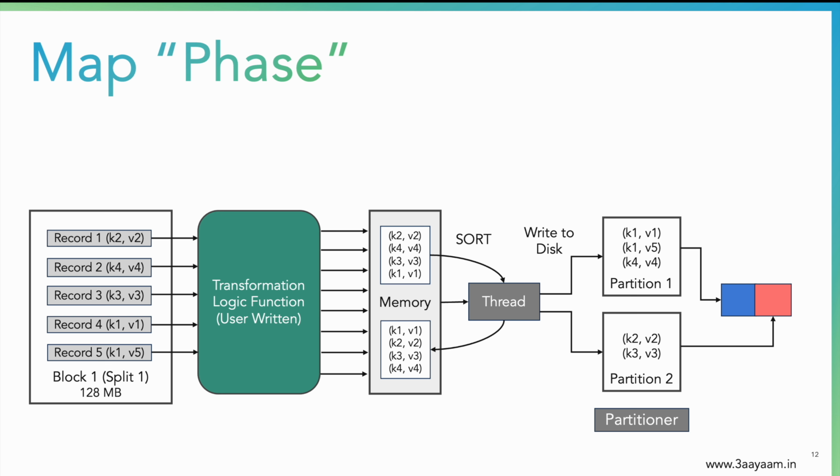Because if you think about it, all these tasks, like reading from files, writing to memory, sorting based on key, and writing to disk, are infrastructural and repetitive work. So the MapReduce framework has written code as part of the framework that does all this work: reading from the file, writing to memory, partitioning, and merging the records.